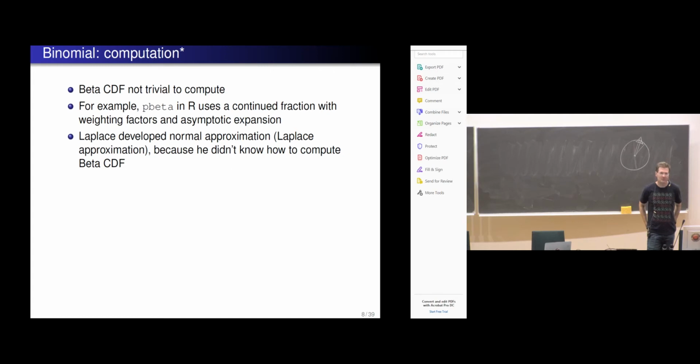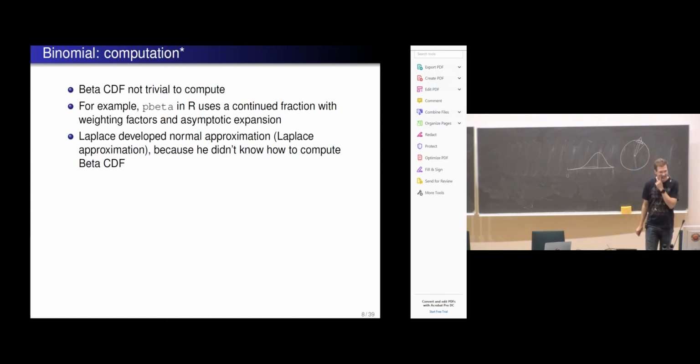This beta CDF is not trivial to compute, for example, in R. It was easy to compute the integral from 0 to 1, but it's not easy to compute the integral from 0 to some other point.